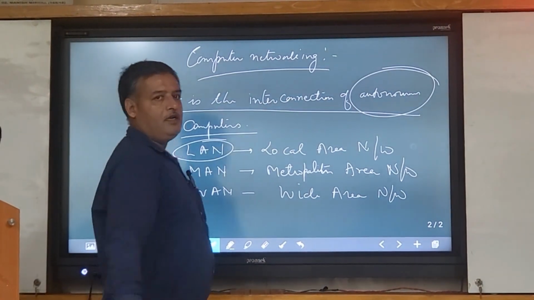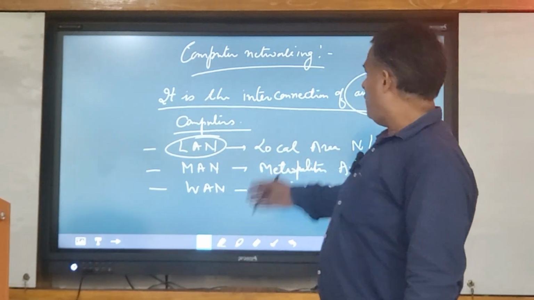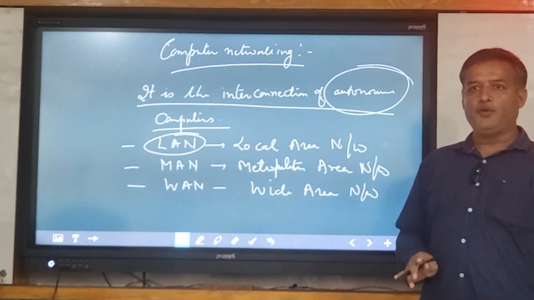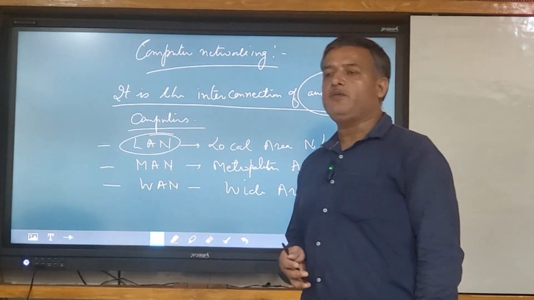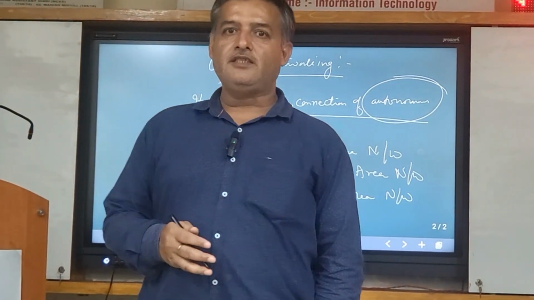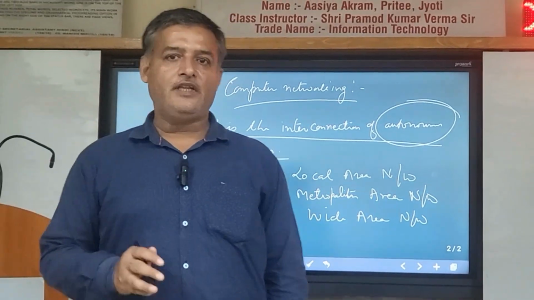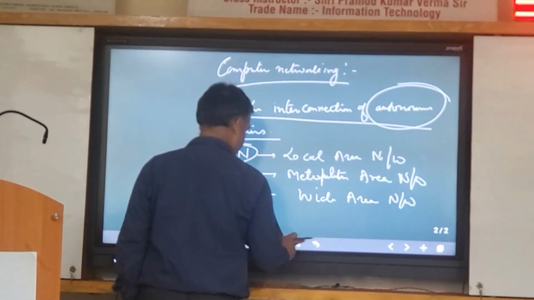In all these types, naturally computers are interconnected. But what is the strategy that we have distributed the network into three parts? What is the criteria behind it? That we are going to discuss. So let us start with the LAN.